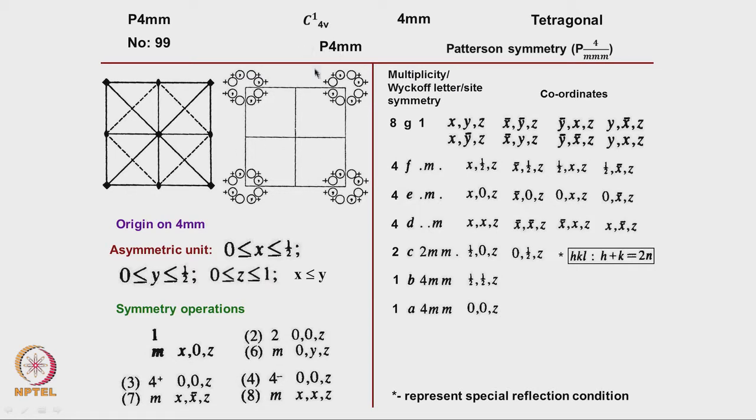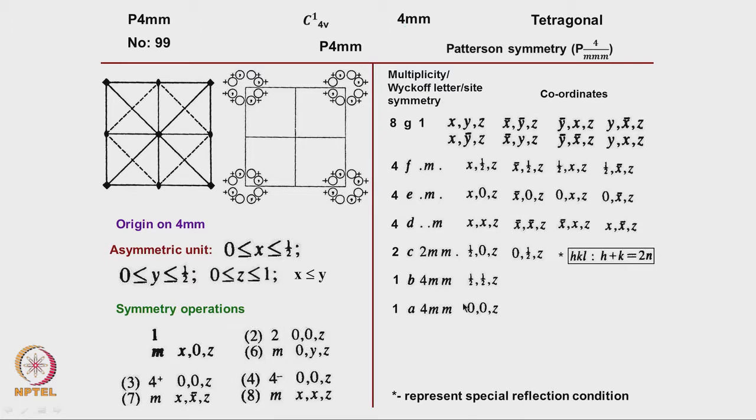So, what symmetry elements are associated with it? At the corner points of the lattice we have a 4-fold, and at the middle we have a 4-fold, correct. Then at the edge middles, if you look at it, we have a 2-fold symmetry. Then 2 types of mirrors are seen, correct.